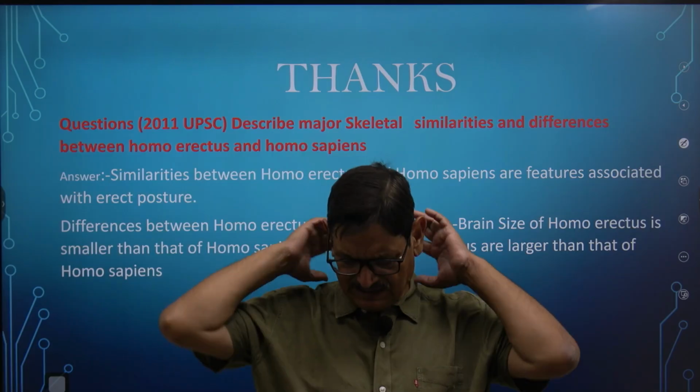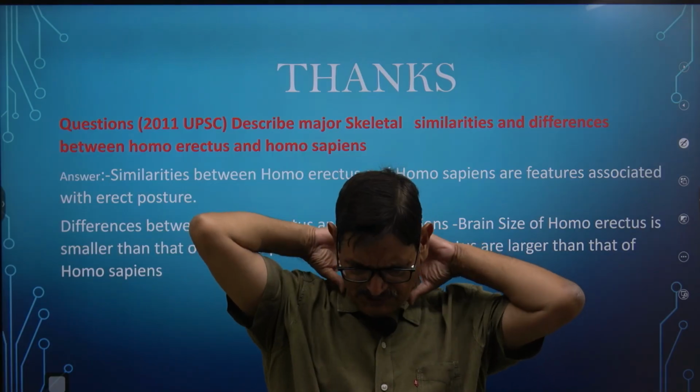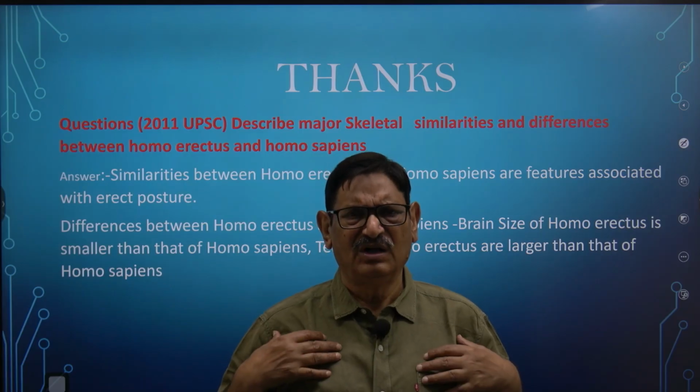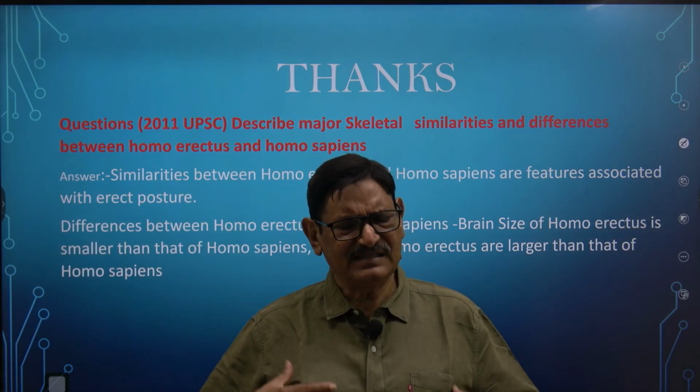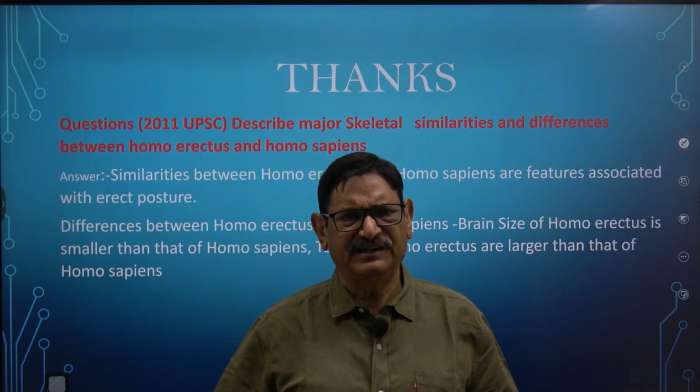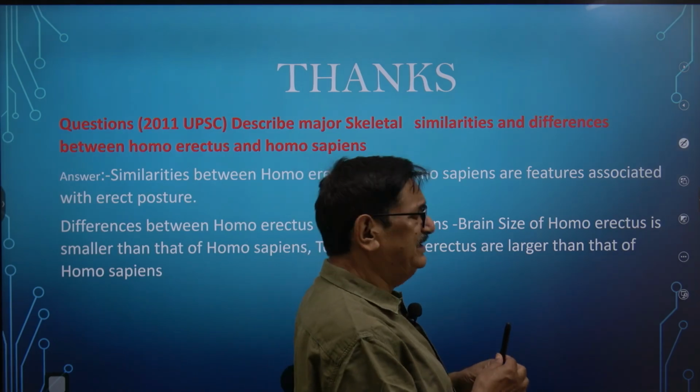From below the shoulder and head, the erect posture got completed in Homo erectus, and the same feature continued, with no change in Neanderthal.